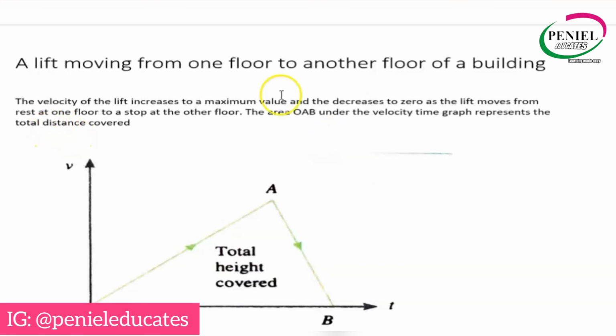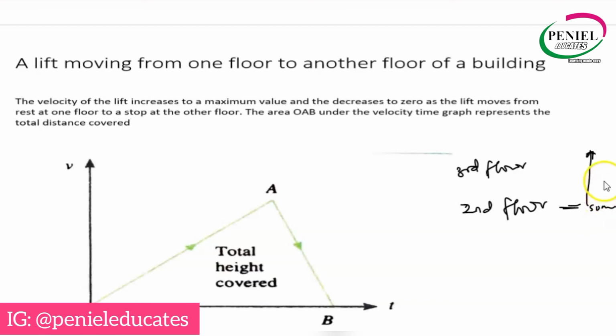So if we have a lift moving from, say, the second floor to the third floor, maybe the lift just stopped for some people on the second floor. Now as the lift moves upward, it exerts some energy to ensure that it moves.